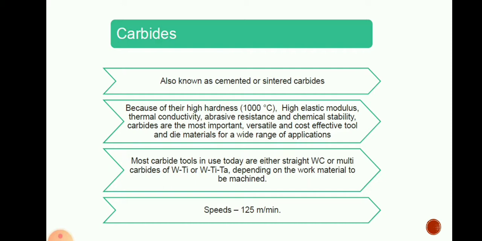If you are using only tungsten carbide, then it will be a WC tool. If you are using along with that tungsten titanium, it will be WTi. If you are using TA also, that means W, titanium and TA, those will become another kind of carbide tools. For the speed of 125 meter per minute, these carbide cutting tools are very effective.